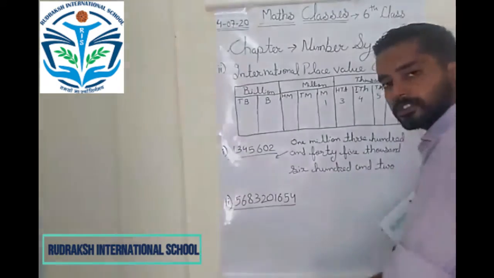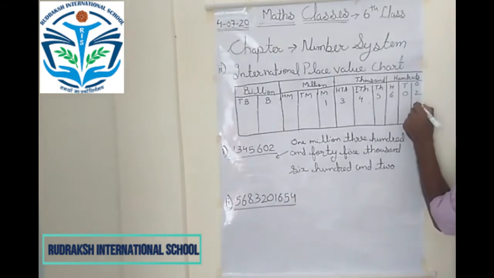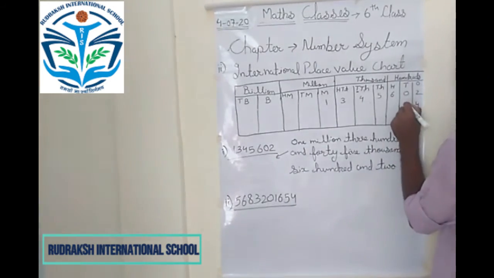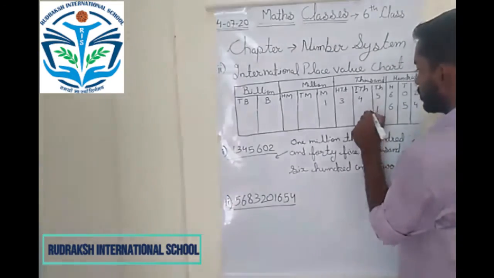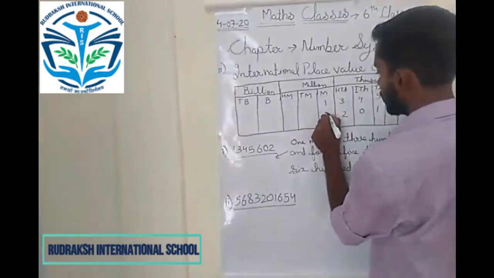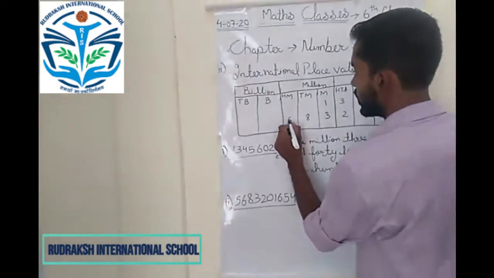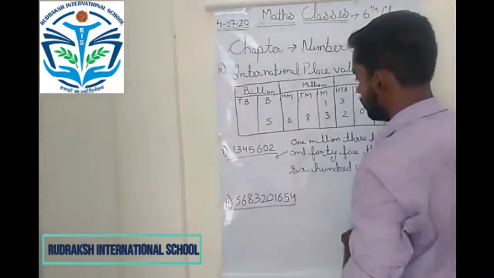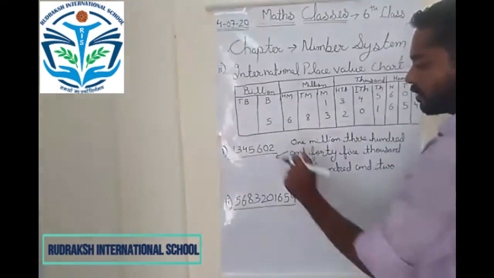Again we are going to arrange this number from the back side. The first number is 4, so keeping the number under the ones, it is here 4, 5, 6, 1, 0, 2, 3, 8, 6 and 5. You can see here we have arranged all the numbers.